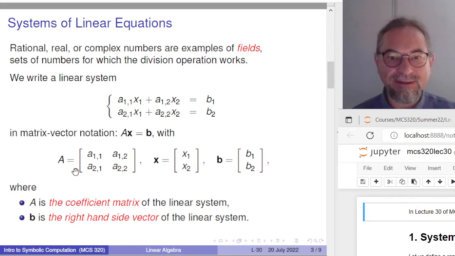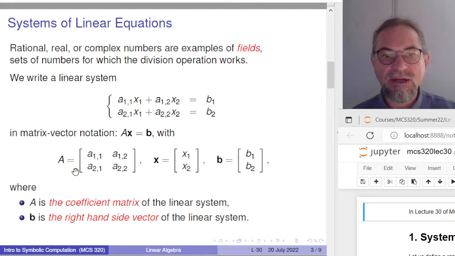We collect them in a vector x, and also the coefficients are separated. The coefficients in the matrix, which will be the matrix A, are separated from the unknown x values. Typically, the matrix A and B are given, and then we want to solve for x.